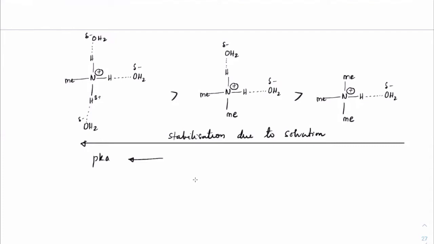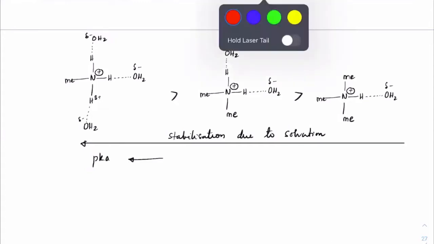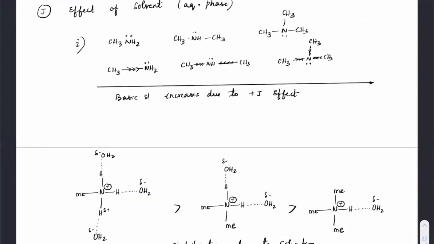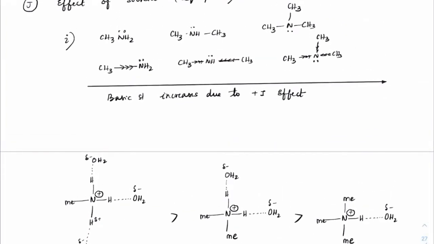And we learned that the more the pK value, the more will be its basic character. So the pK value shows this side it is more, which means these two are going in the opposite way.